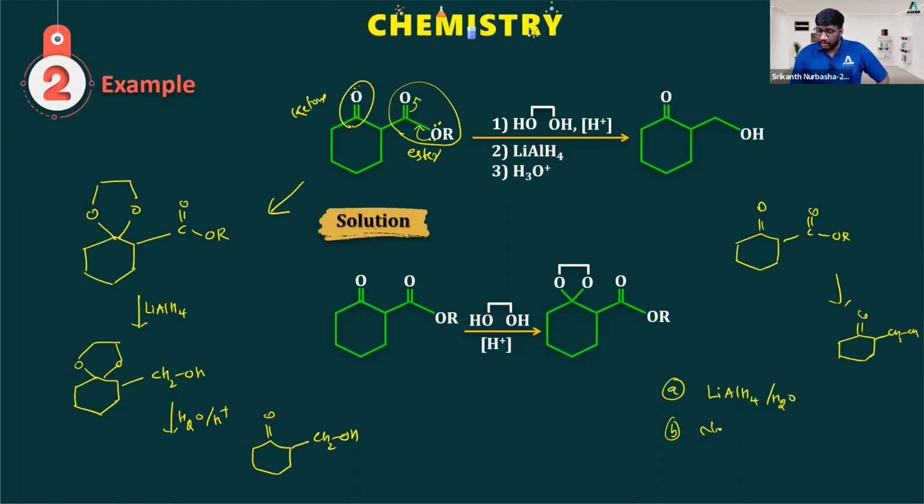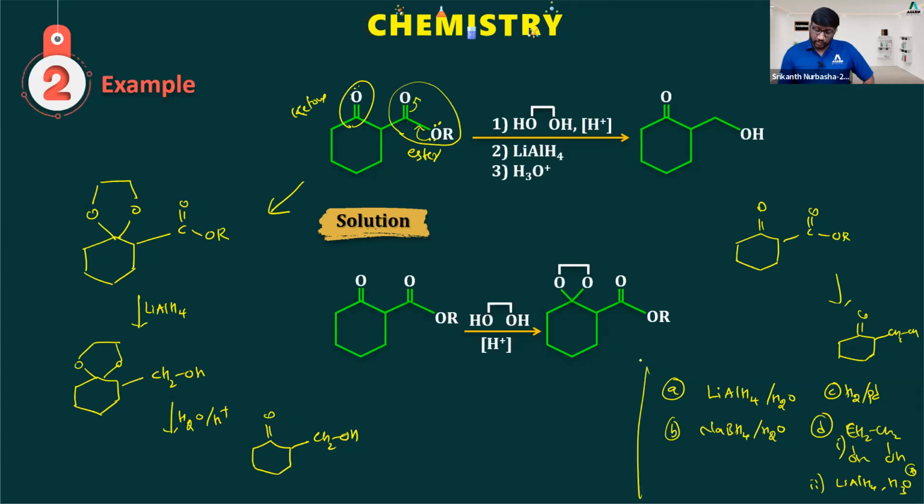Option B, NaBH4 in H2O. Option C, H2 in the presence of palladium. Option D, HO CH2 CH2 OH, then first set, second set LiAlH4, and third set H3O plus. Which option do you have to choose?